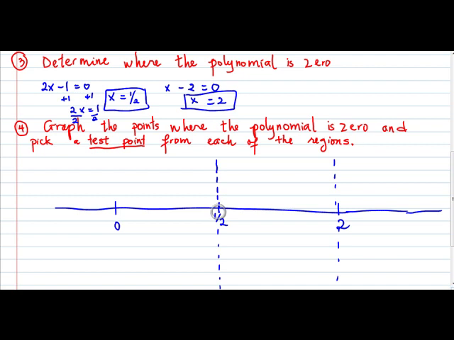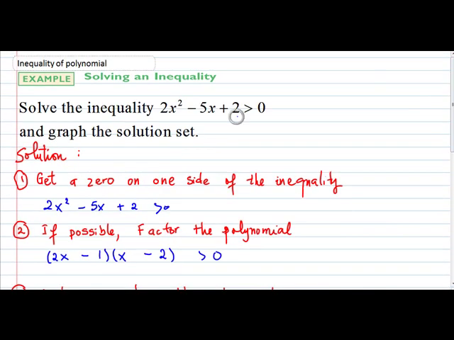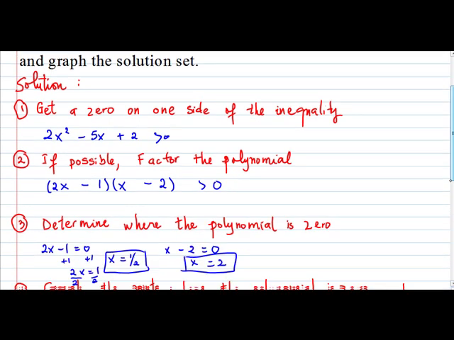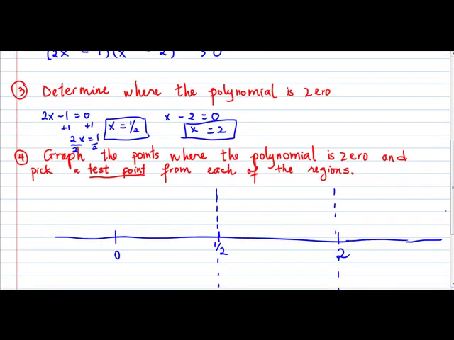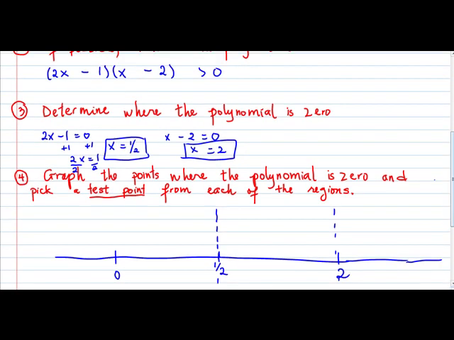So in other words, if we go outside of these 2 points, the sign of the polynomial will change. Because remember, when x equals 2 or 1/2, this polynomial is 0. So when I go outside here and pick any point, the sign will change, either greater or less than 0.